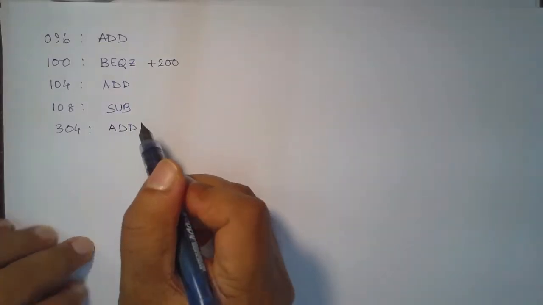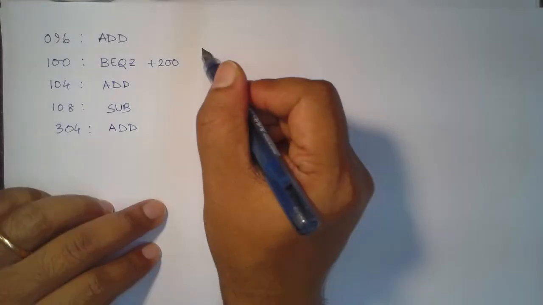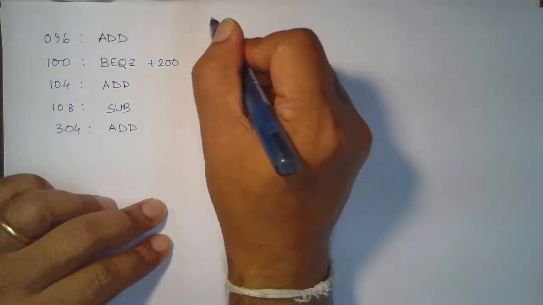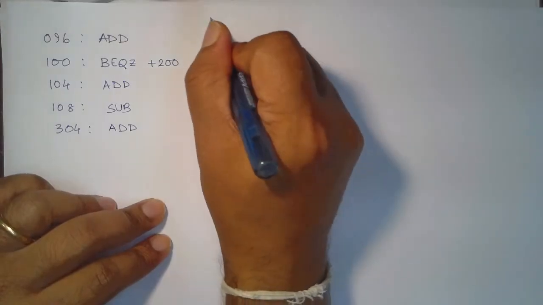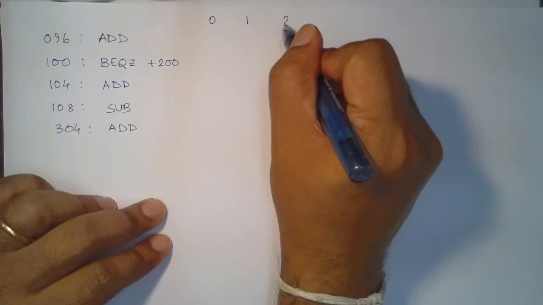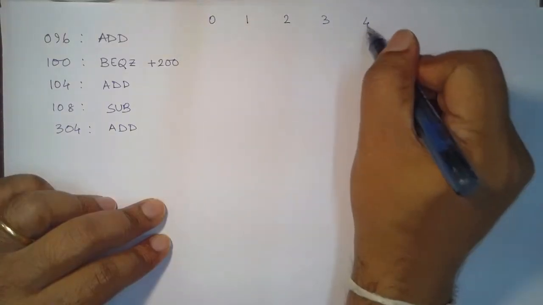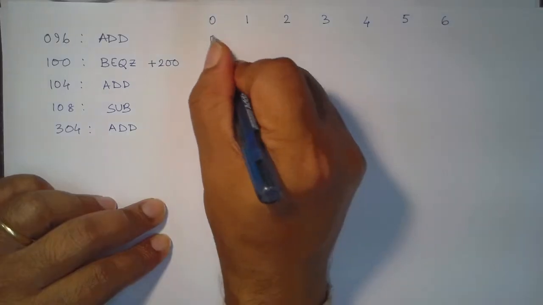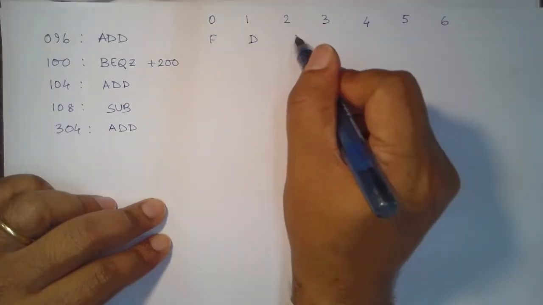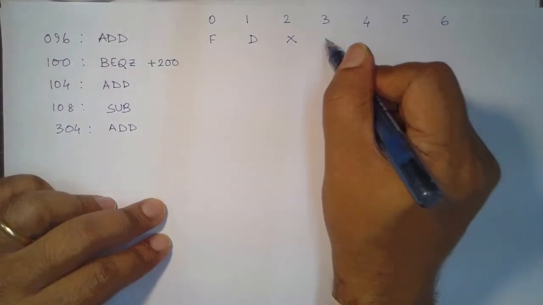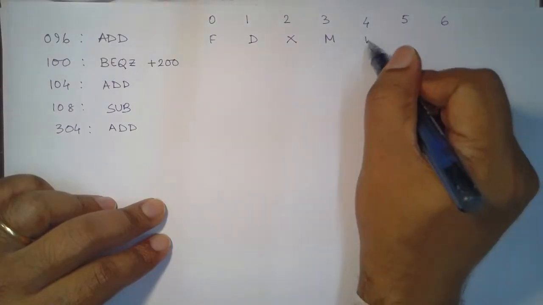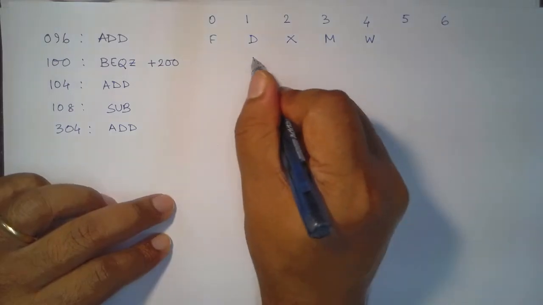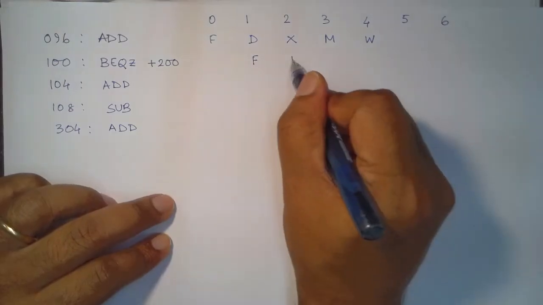Now if you write down the pipeline diagram for this code snippet, we have, let us say, cycle number 0, 1, 2, 3, 4, 5, 6 and so on. Here we will fetch, decode, execute, memory and write back. Then we will fetch, decode.